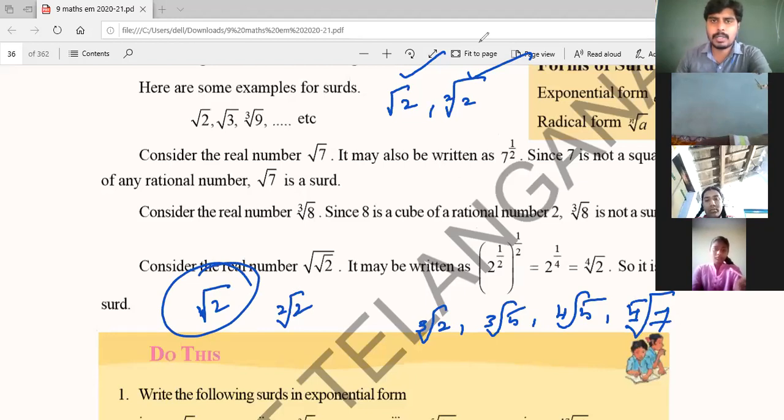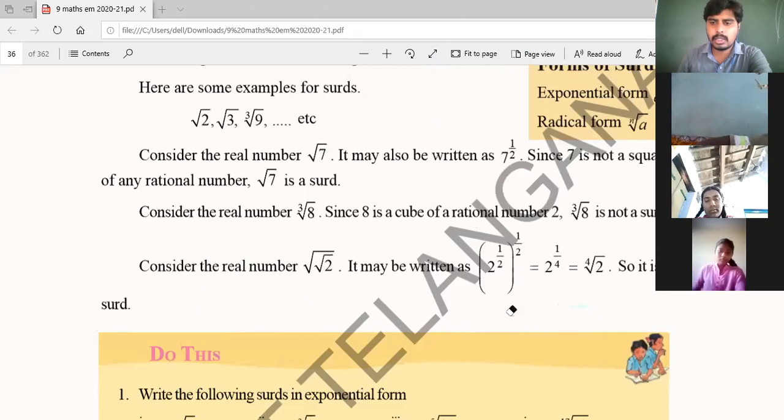Now this is a square root 2. If I remove the square root, we can write 2 power 1 by 2, and the square stays as it is. I converted the radical form into exponential form.